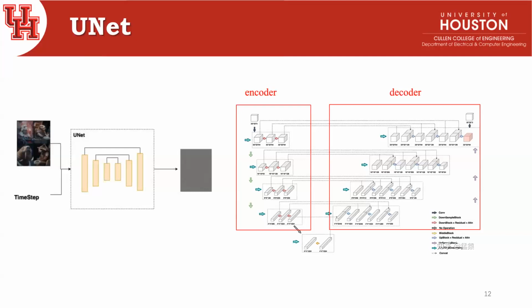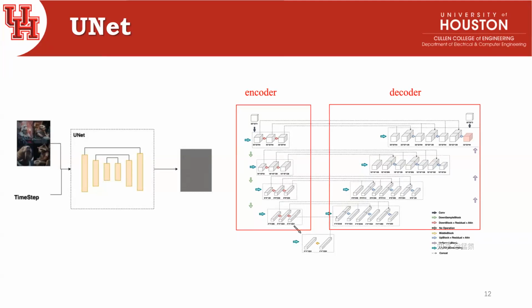And this is the core model structure of the DDPM. This UNet is also a very key model structure for the whole diffusion model in our research. A UNet actually contains two parts. The first part is the encoder, and the second part is the decoder.